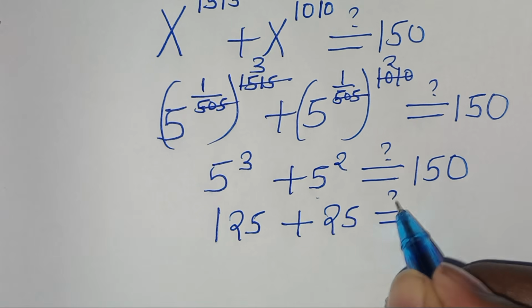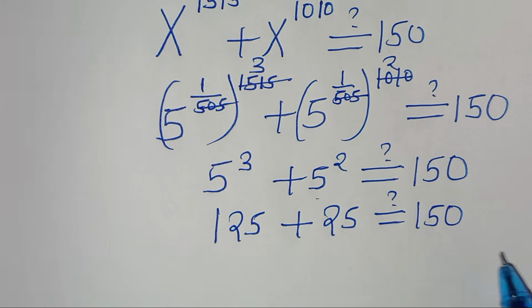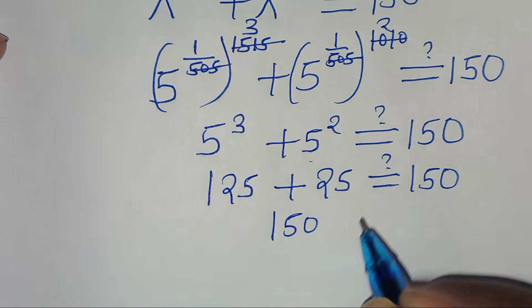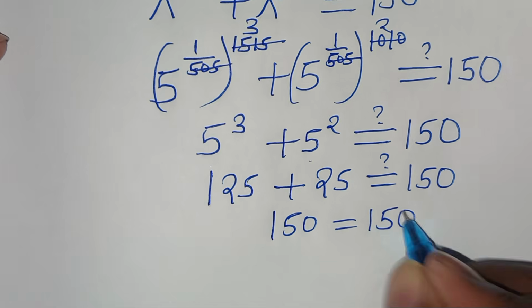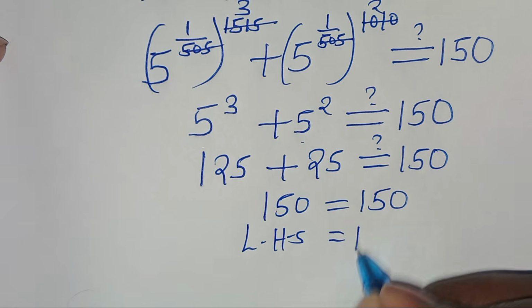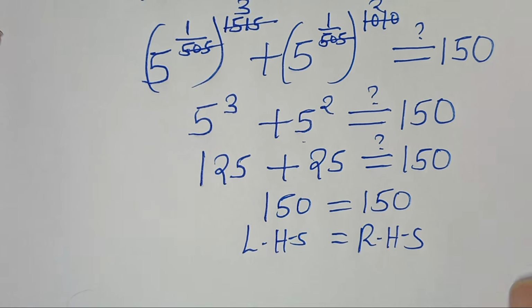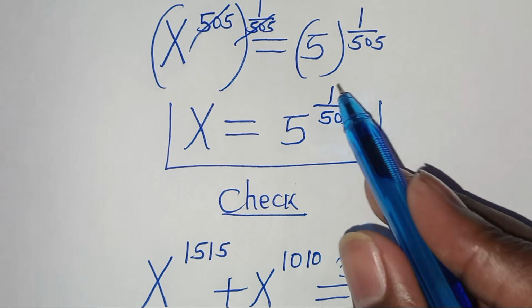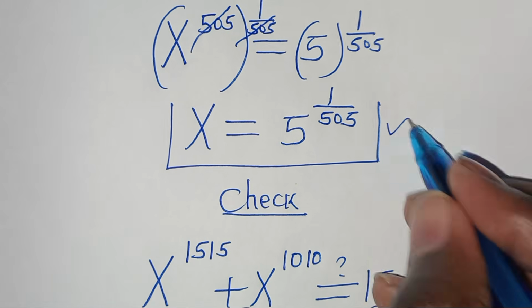So 125 plus 25, this is 150, which is equal to 150. So the left hand side is equal to the right hand side. And this proves that the value of x, which is 5 to the power of 1 over 505, satisfies the equation.